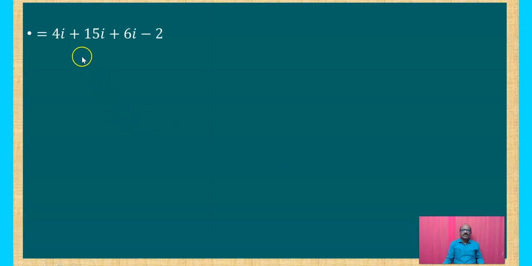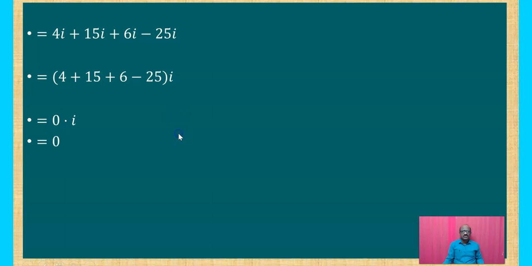Therefore overall you will get 4i plus 15i plus 6i minus 25i. Therefore 4 plus 15 plus 6 minus 25, bracket complete, into i, and overall that is equal to 0. That is 4 plus 6 is 10, plus 15 is 25, plus 25 minus 25 will become 0. Therefore the answer is 0.